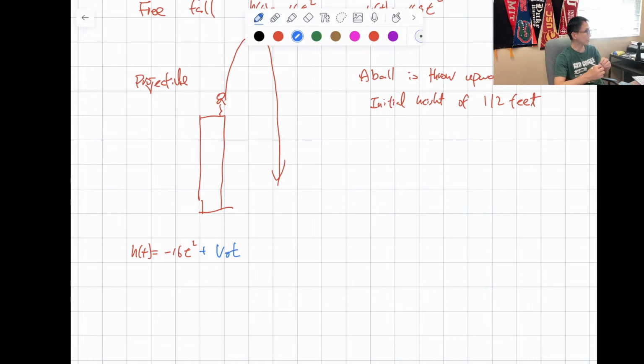So this term is V0 times t, the initial velocity times time. Now plus S0, which is called the initial position. Is that okay?